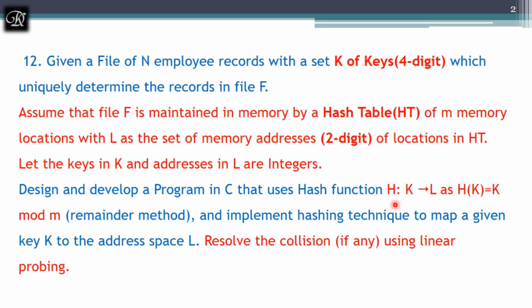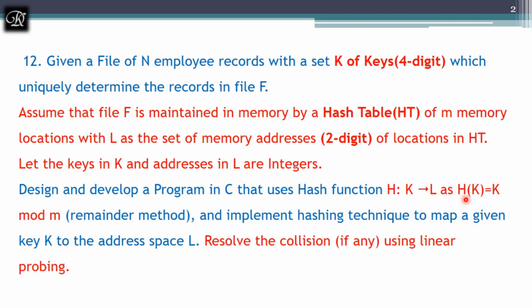The hash function is given here. How to build a hash function, we need not worry, they have only given the standard hash function. The hash function should take a key and generate a 2-digit address. So we know what K is: K is a set of keys and L is a set of addresses. We have to read a key and generate an address.